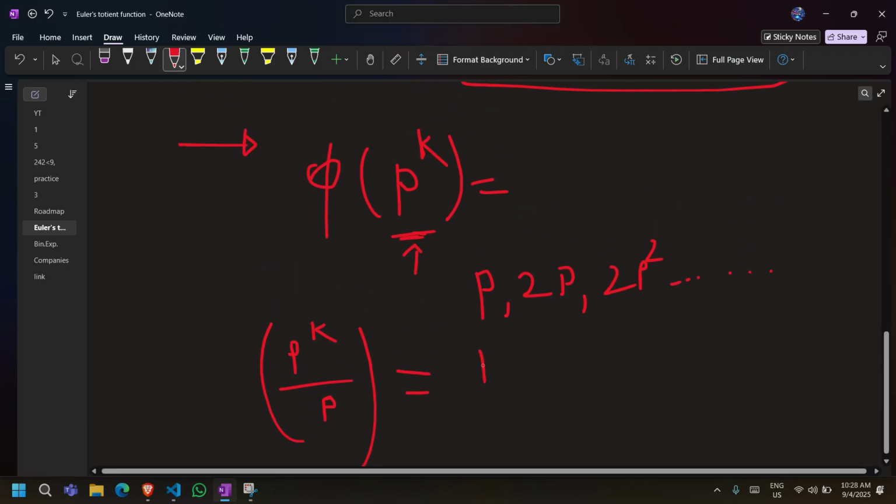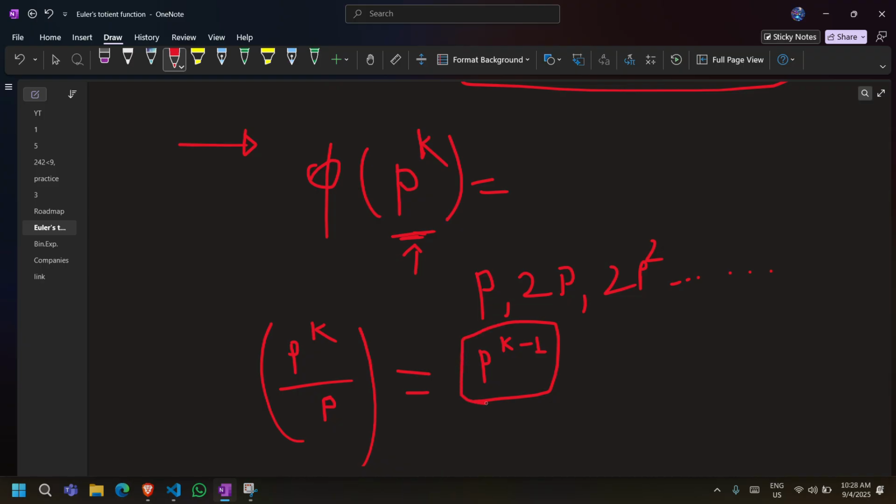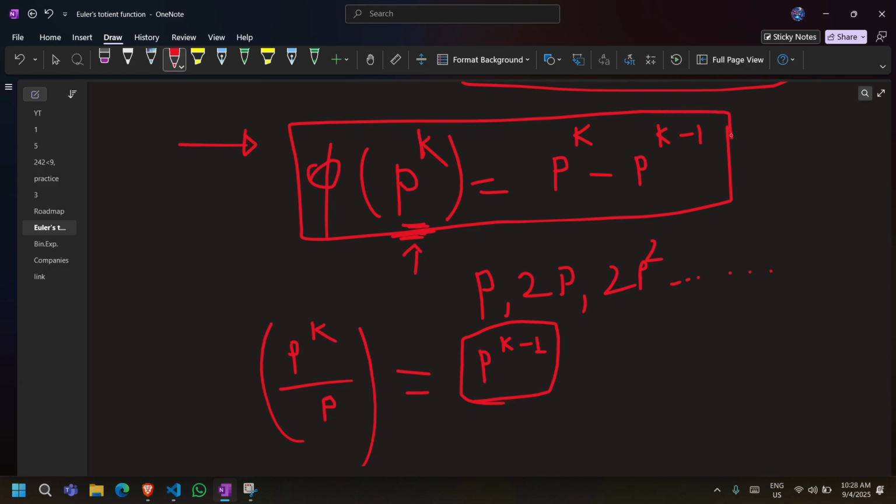So how many numbers are there? p raised to power k minus 1 numbers are there whose GCD with p raised to power k is not equal to 1 because there is a common divisor p. So phi of p raised to power k is basically the total number p raised to power k. Out of this, you remove p raised to power k minus 1. So phi of p raised to power k is this, right?